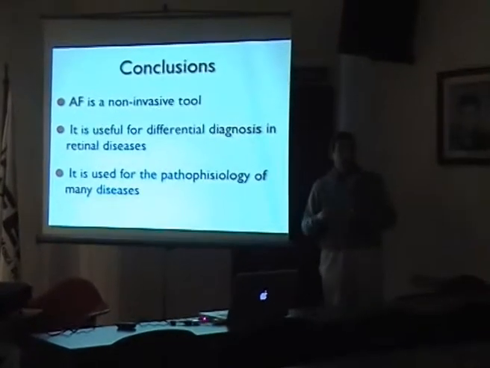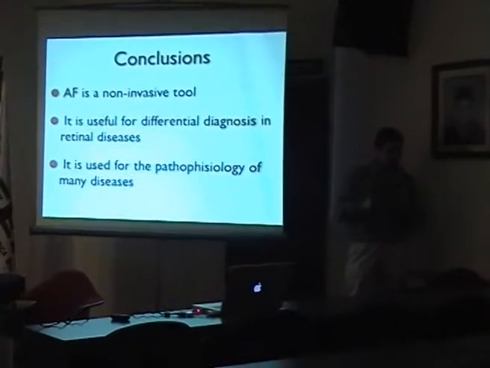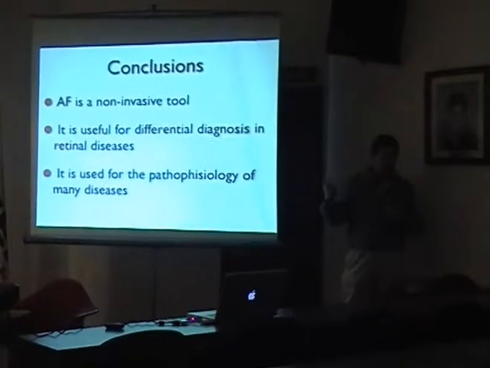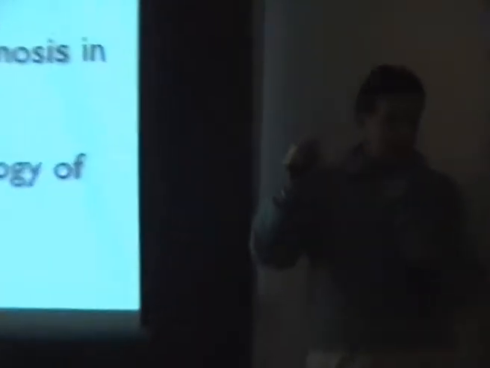For example, there is a study by Frank Holz and the group of German people that created a network for studying autofluorescence in age-related macular degeneration, where they differentiate geographic atrophy in different types, as we did for drusen, and they can predict which one will grow faster and which not. A particular pattern can predict the evolution of the geographic atrophy.